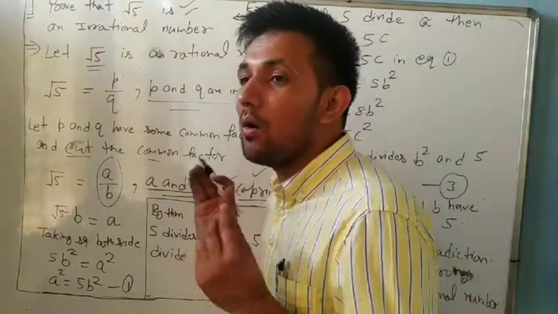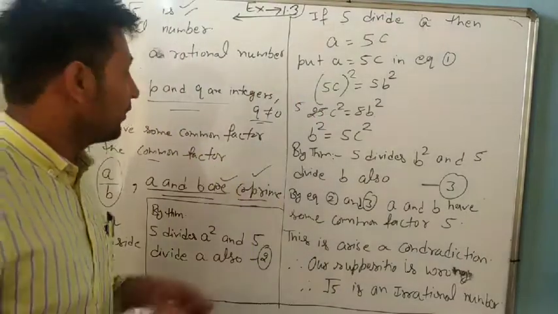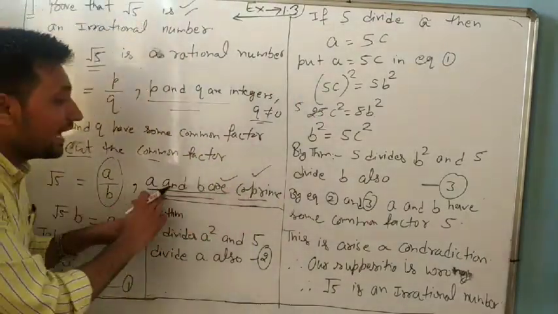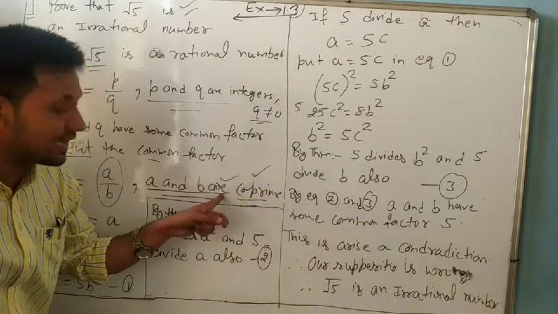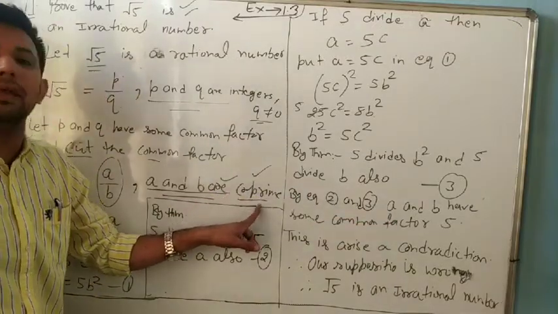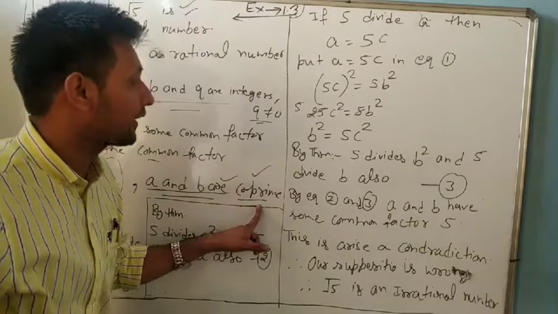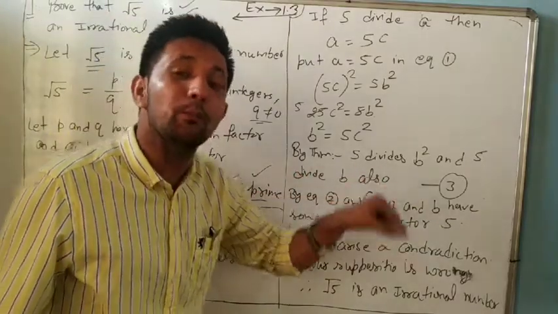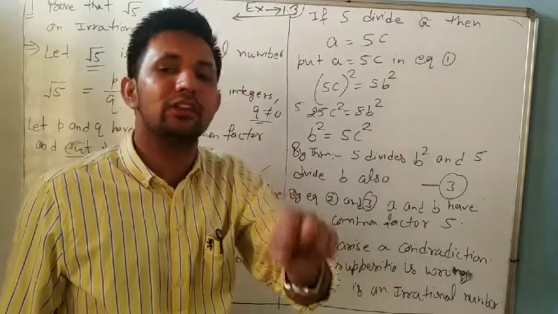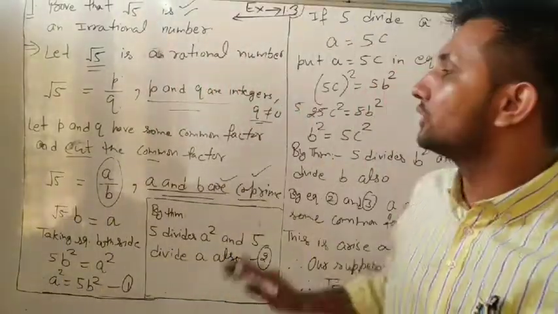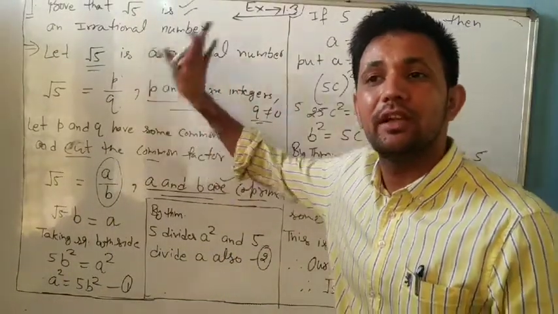Now our objective is to show that A and B have some common factor, because here we are saying they are co-prime. But in the last we will prove that A and B have some common factor, and if A and B have a common factor, it means our supposition is wrong.